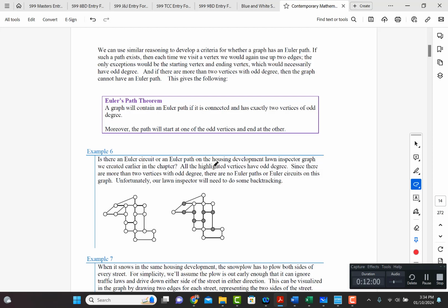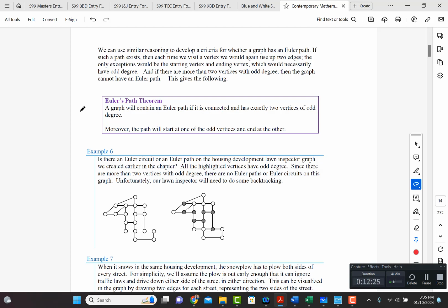vertices of odd degree. So Euler's path theorem states this: a graph will contain an Euler path if it is connected and has exactly two vertices of odd degree. So there are the two criteria: connected and exactly two vertices of odd degree.